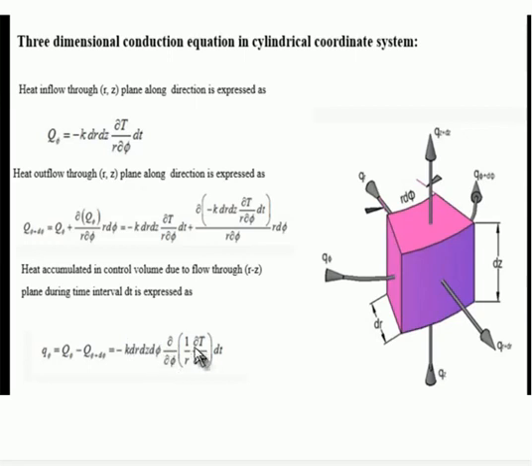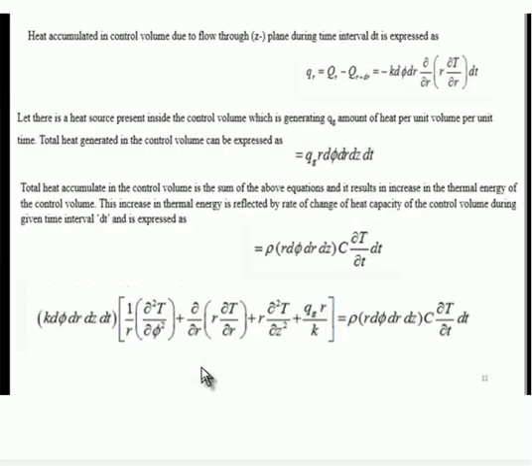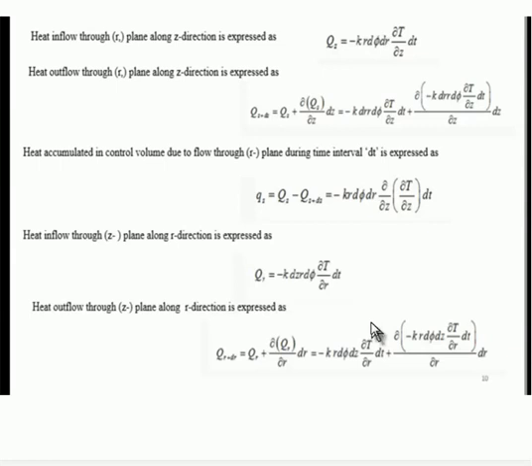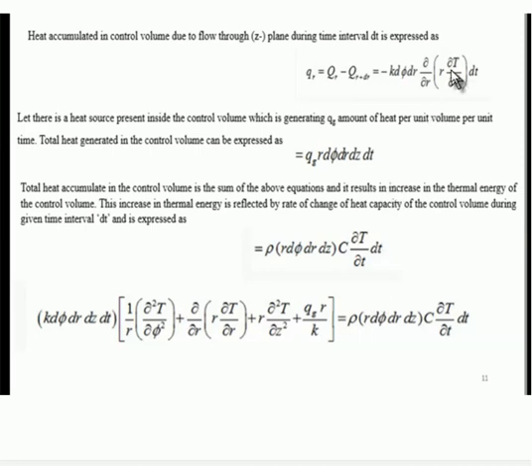So in the first term we have 1 by r ∂T/∂φ, and then 1 by r ∂²T/∂φ² plus ∂/∂r of r ∂T/∂r, that is, r ∂T/∂r, plus r ∂²T/∂φ² plus qg r by k.